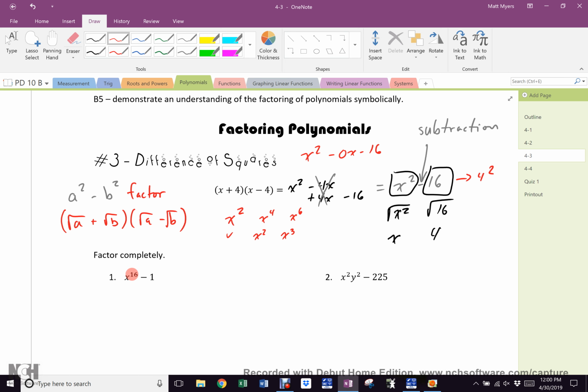And if it's even, it must have a square root because 8 and 8 will make x to the 16th, correct? So, follow our little formula here. What is the square root of that? X to the 8th. Plus, what is the square root of 1? 1. Then what do I write? Same thing except minus 1.